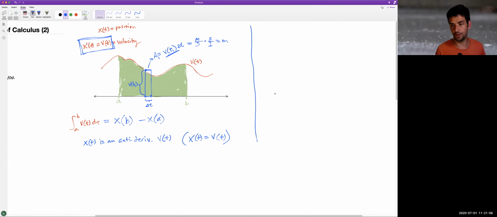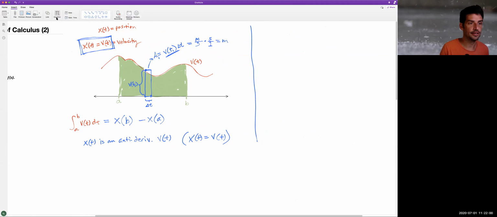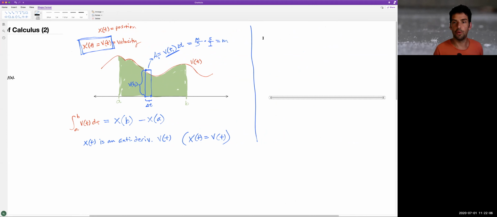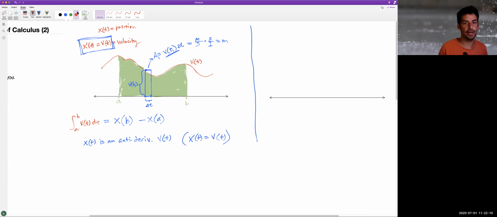So let me do another graph of another velocity integral situation. With one big change, I'm going to take my graph of v, right? Let's just draw it again and make it go negative at some point, okay?